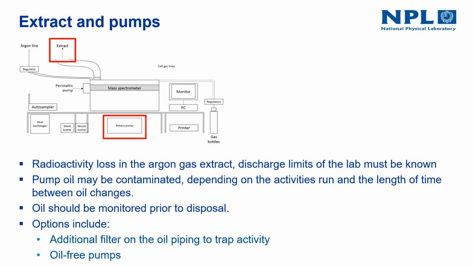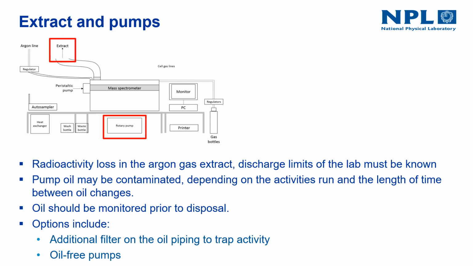There is also the potential for the pump oil to be contaminated depending on the activities run and the length of time that is left between oil changes. And therefore, it's very important that the oil is monitored using techniques such as liquid scintillation counting or gamma spectrometry prior to disposal to make sure it's being disposed via the appropriate route.